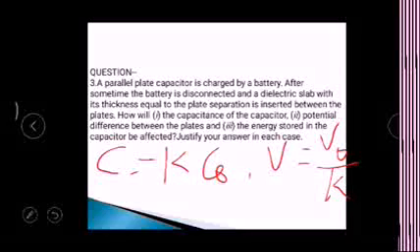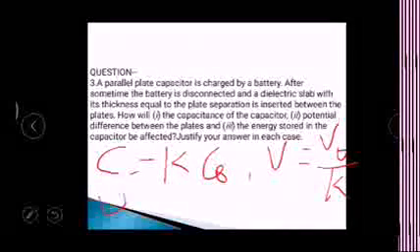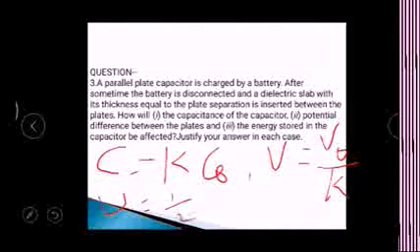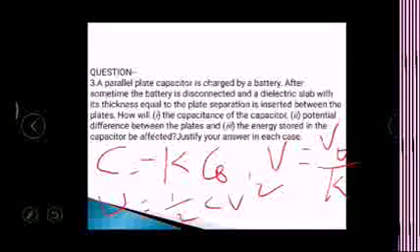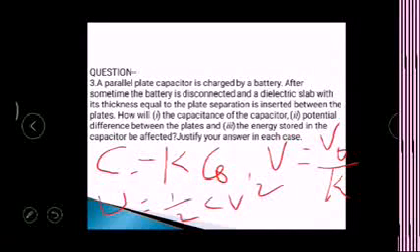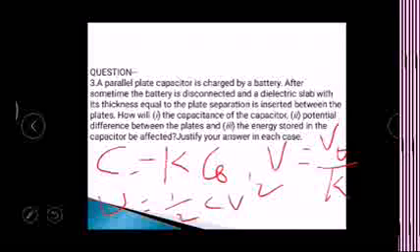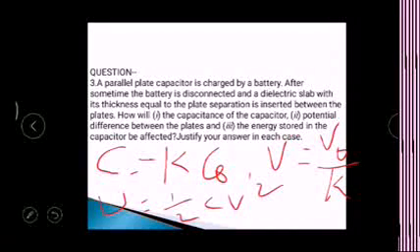And energy stored in the capacitor also changes, as energy is equal to half CV square. So C is increasing and V is decreasing, so we can say that the effect of potential is more, because energy depends upon the square power of potential. So since potential is decreasing, the overall energy stored also decreases, and we can calculate the exact values using these formulas.